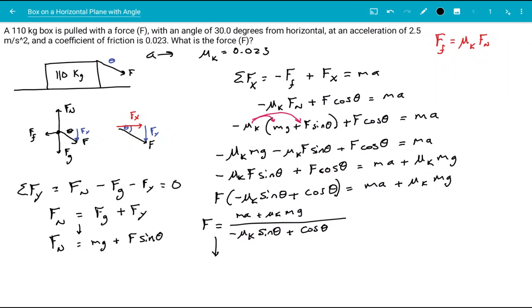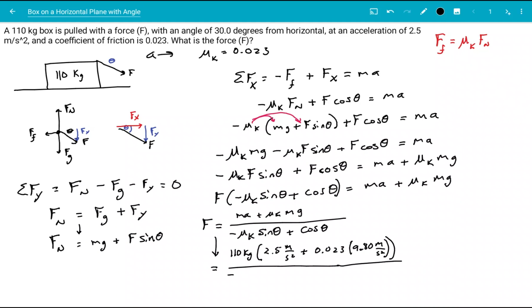So let's put some values in here. I'm going to factor out m. So 110 kilograms times the acceleration, 2.5 meters per second squared, plus 0.023 times 9.80 meters per second squared. Let's close that quantity.